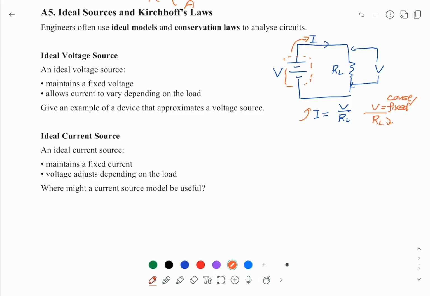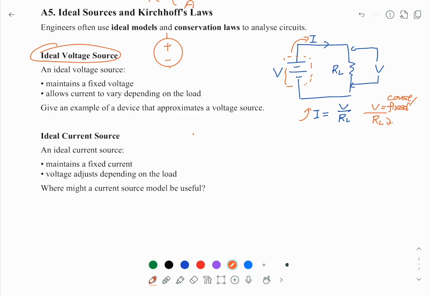So in circuit design, we first assume two ideal sources. First is the ideal voltage source, and we usually draw this one as a circle, and then we put the positive and negative here.